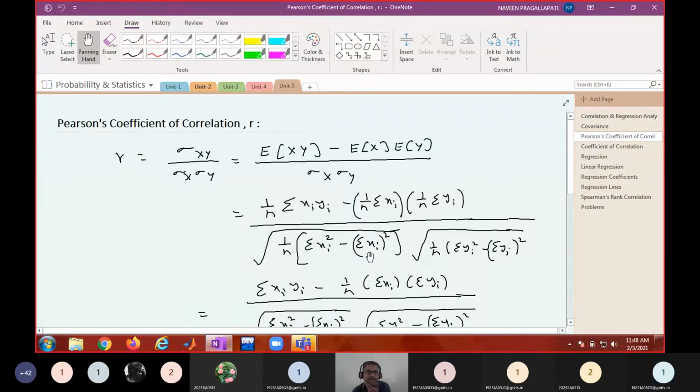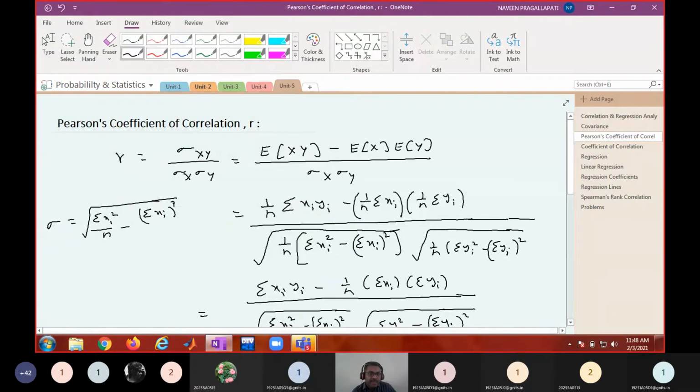Sigma xi by n whole square, it should be. So when you took only n common, it should be divided by n then. Yes, sir. Okay, I understood. So let me write. Here, sigma x means sigma xi square by n minus sigma xi whole square by n square.